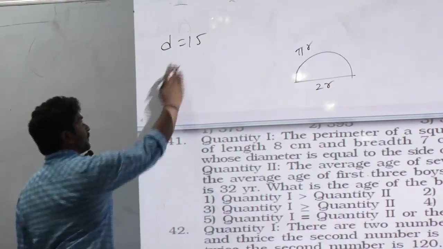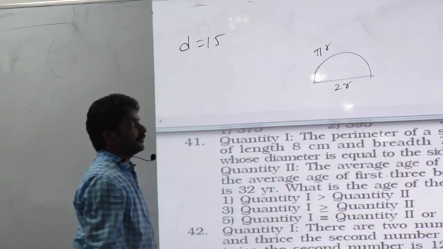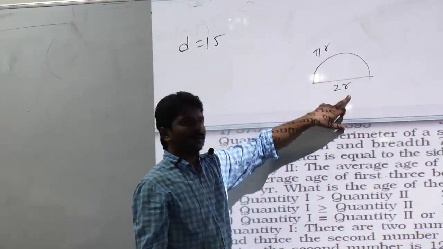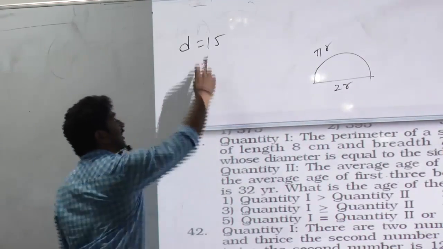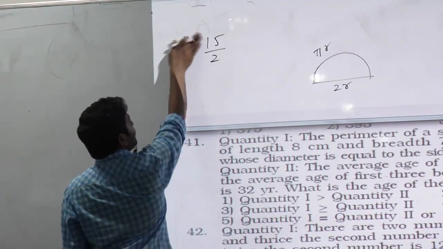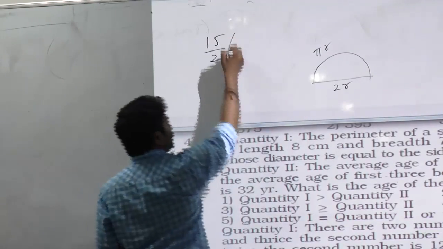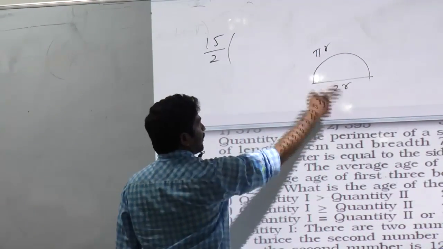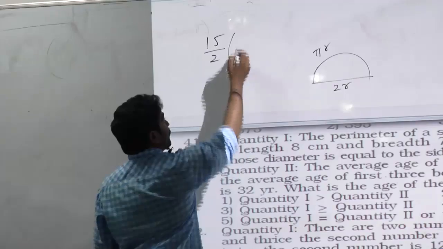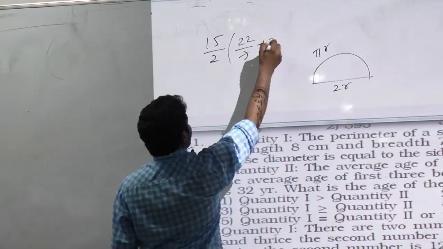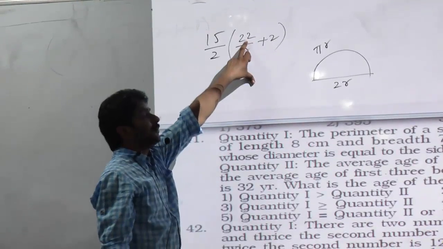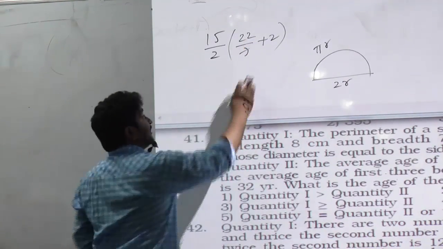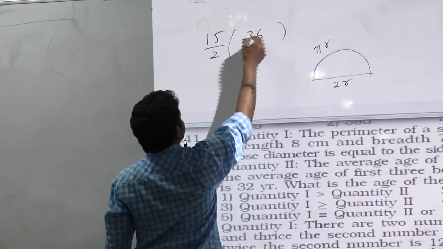So you can take r common: 2 plus pi into r. What is r? 15 by 2, and when you take r common, that is pi plus 2. 22 by 7 plus 2. What is this? 14 plus 22 is 36. So our numerator is 36 by 7.